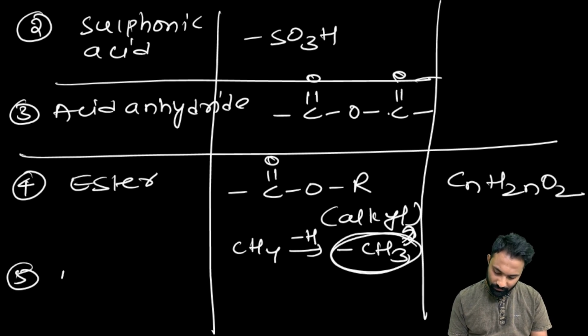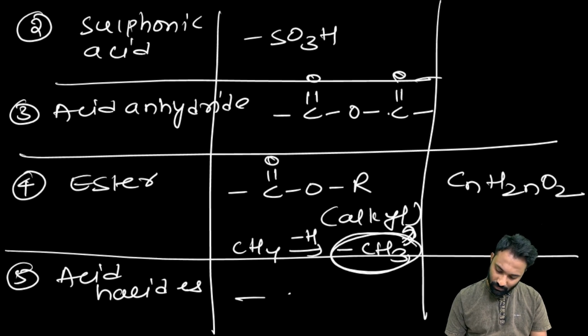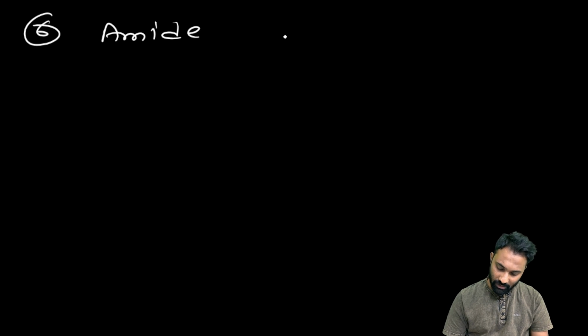Next, the fifth one, acid halides. The formula will be C double bond O X. Clear? Next, the sixth we have amide. The amide formula will be C double bond O NH2.